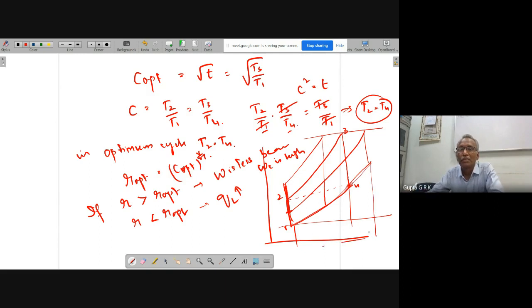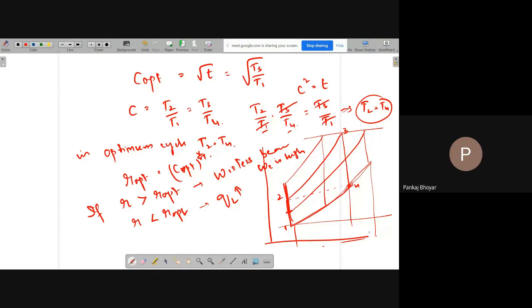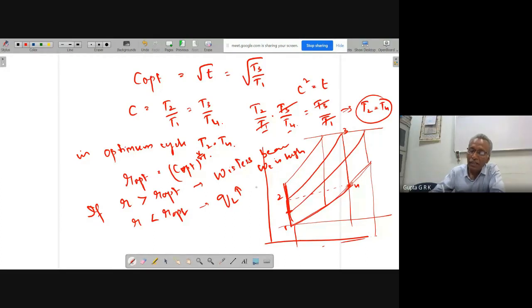Am I clear or not? Yes, sir. So in that way, again, W net decreases. So there is an optimum value of R at which I get the maximum work. If the pressure ratio increases more than that, the compressor takes more work. If the pressure ratio is less than R optimum, the heat loss will be more, and because of that it happens like that.